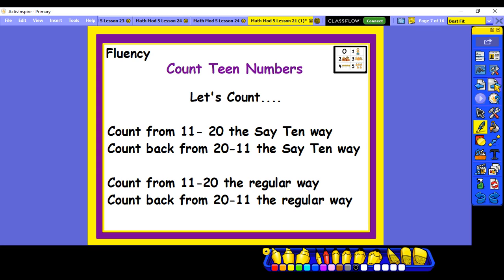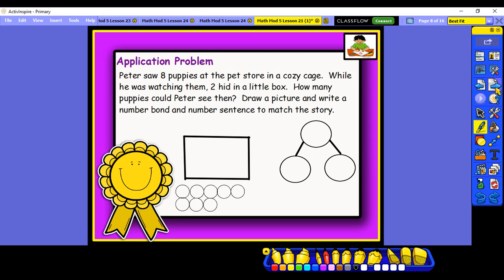Let's count backward from 20 to 11. 20, 19, 18, 17, 16, 15, 14, 13, 12, 11. Good job. What a great job you're doing counting. How do you feel about switching between the say 10 way and the regular counting way? I hope it's getting easier for you.